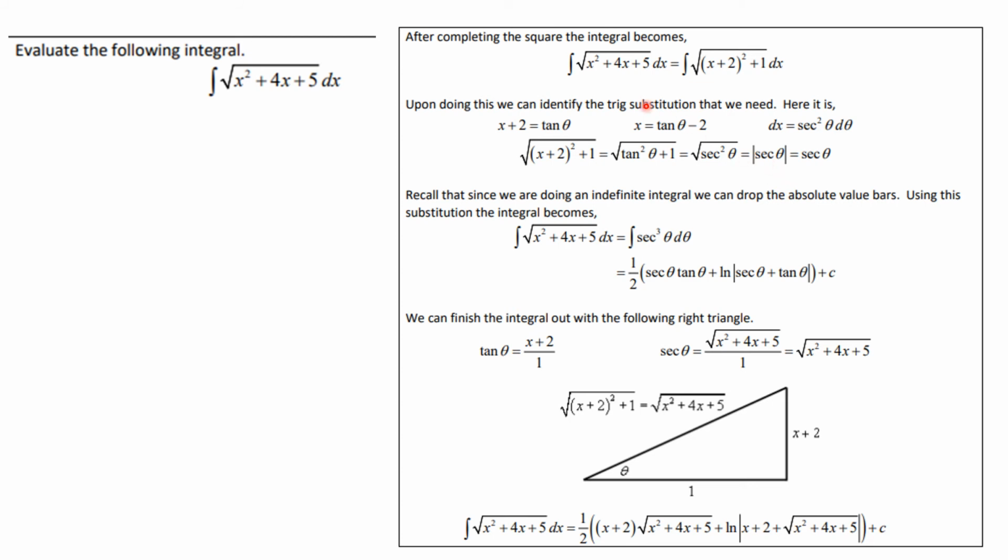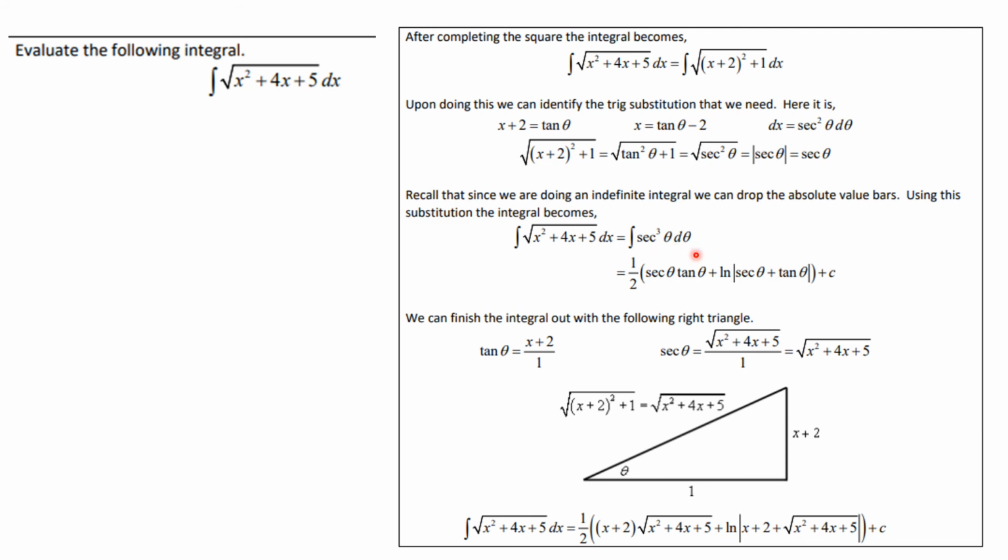But realize that when we're doing an indefinite integral, we don't worry about the absolute value signs, although we do in definite integrals. Okay, so what we have is that this square root thing is secant theta. So when we do the substitution, we get secant theta, but then we have secant squared theta in the dx. That means this is the indefinite integral of secant cubed theta d theta.